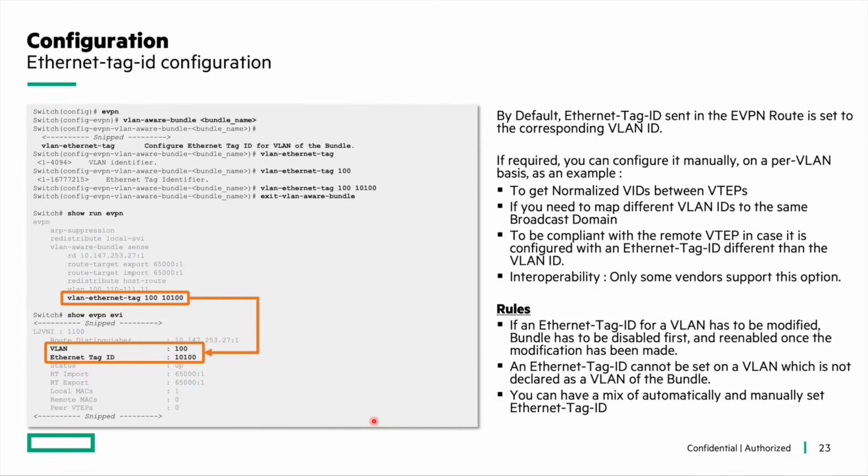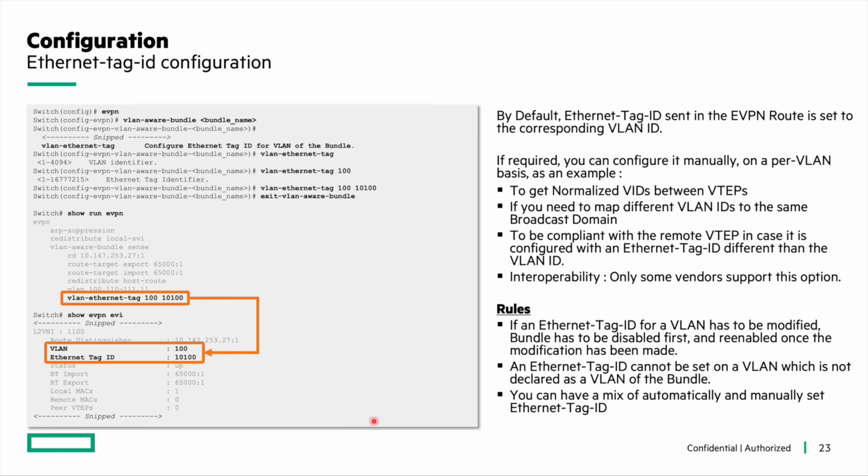So one key point when configuring VLAN-aware bundles is the management of the Ethernet tag ID. As we said, by default, this value will be set to the VLAN ID associated with the layer 2 VNI. But if required, as an example, if a remote VTEP has a specific value for a given VLAN, you can manually set the Ethernet tag ID to the value you need.